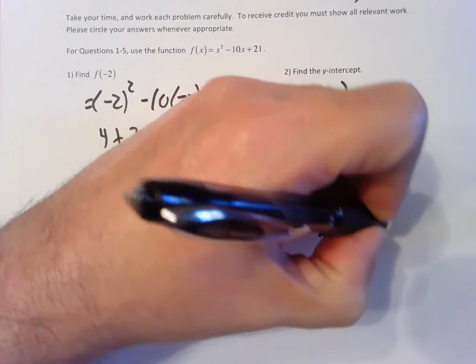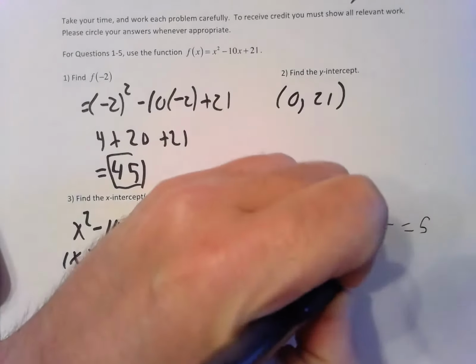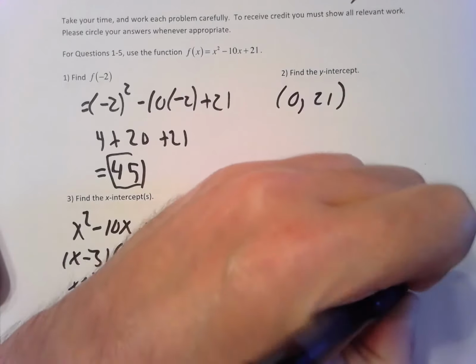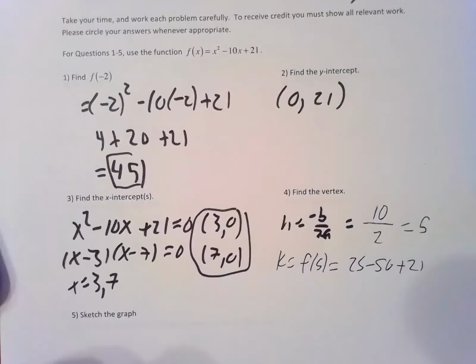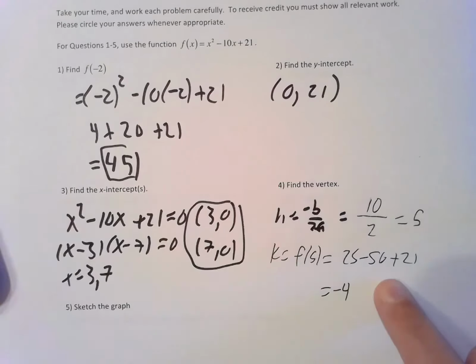Yeah, that's a little better. a is 1, so over 2 is a 5. k then is f of 5, which would be 25 minus 50 plus 21. So that's -25 plus 21, I think is -4, right? Yeah, looks right.